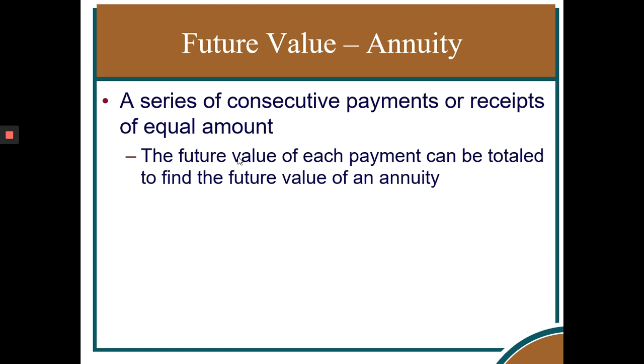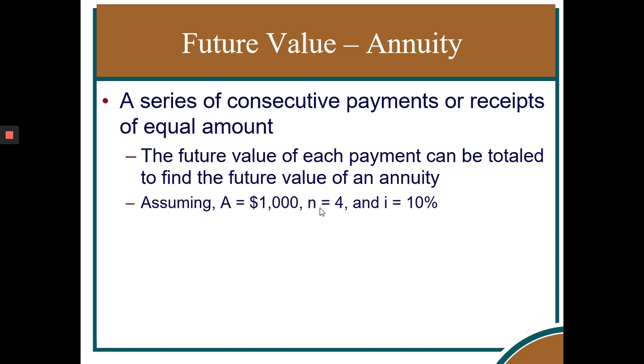The future value of each payment can be totaled to find the future value of an annuity. Let's take an example here. Assuming your annuity is 1,000. The A here means a consecutive payment of equal amount. This amount is repeated for n equals 4, meaning 4 years.